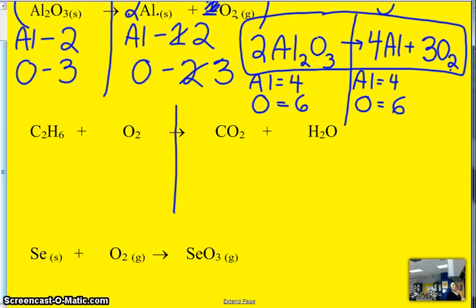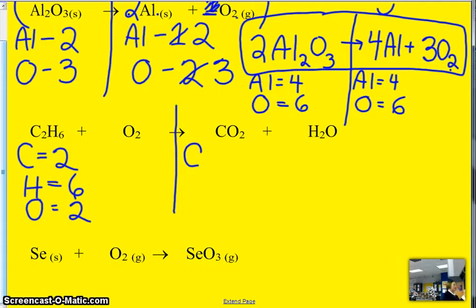Draw a wall, list, and count. Copy that in the same order over here. Carbon is 1, hydrogen is 2. Oxygen is unique because oxygen is in 2 compounds on this side.